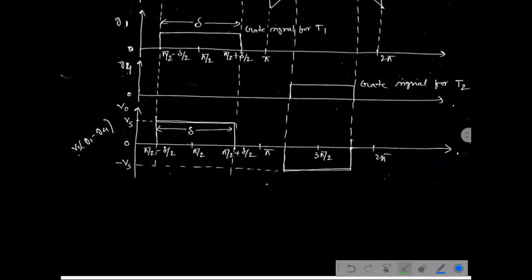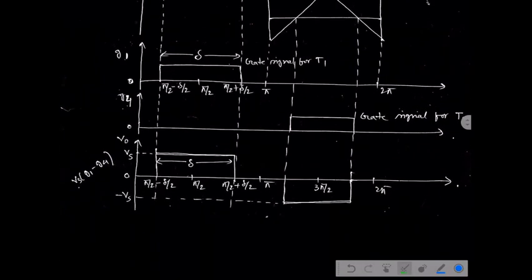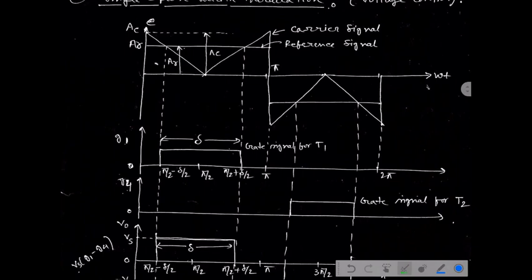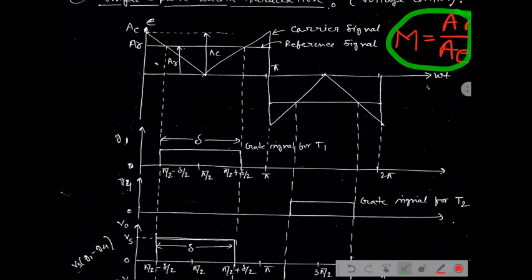Okay, one more thing, see, in this particular case, assume the ratio of AR to AC is defined by M, that is equal to AR by AC, which is called the modulating index.